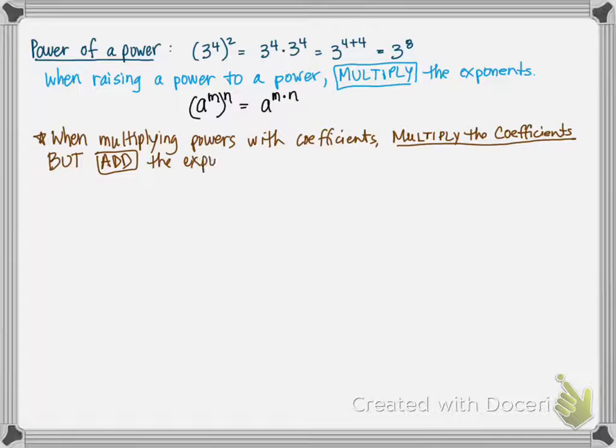So whatever math is originally happening in the problem, we're going to do that math to the coefficients, but we're going to go a level down. And remember that multiplying is fast adding, okay? So that's why we go down to adding.